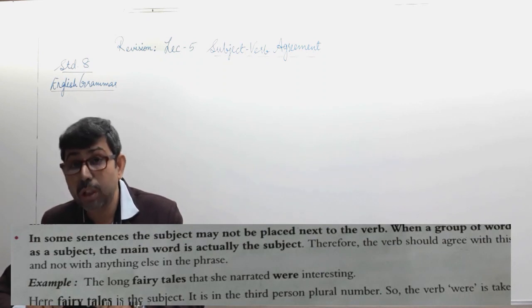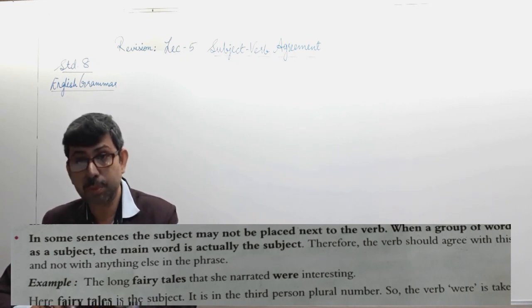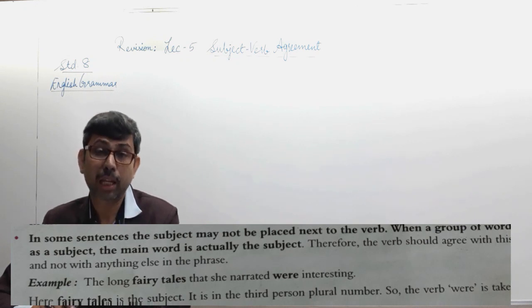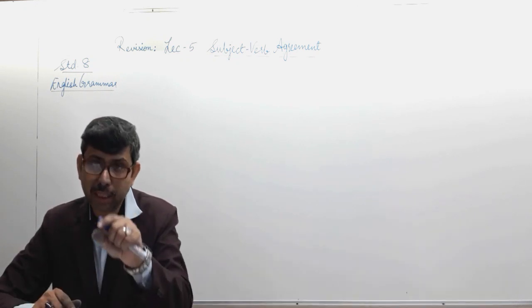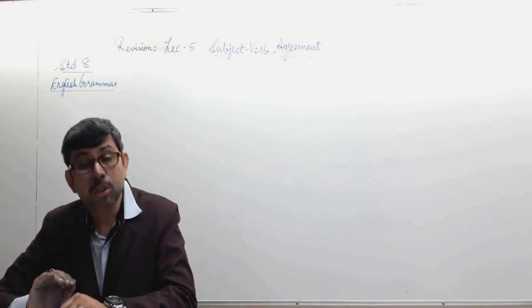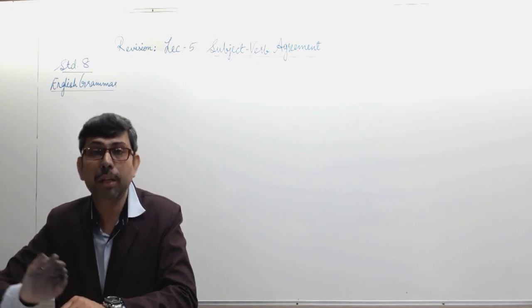The verb were is not placed immediately after the word fairy tales, because here the whole set of words is acting as a subject, in which the word fairy tales is the main word. So the verb were, which is a plural verb agreeing with the word fairy tales, is positioned away from it.